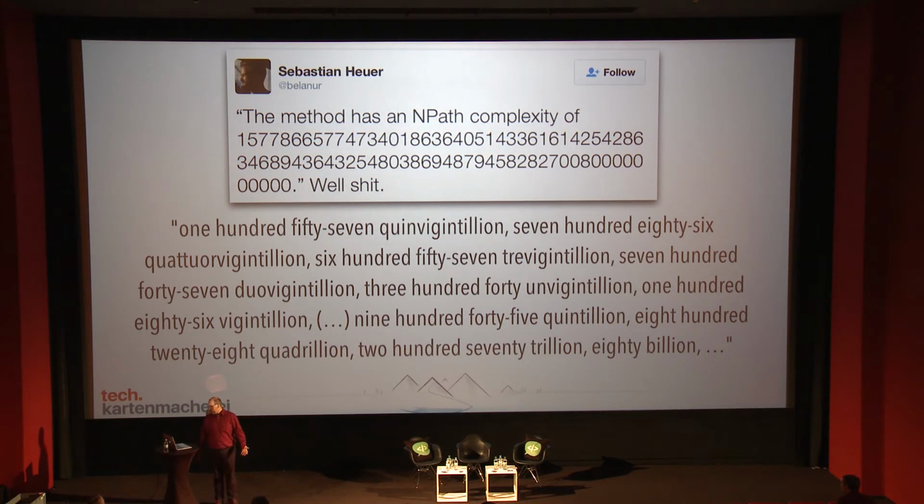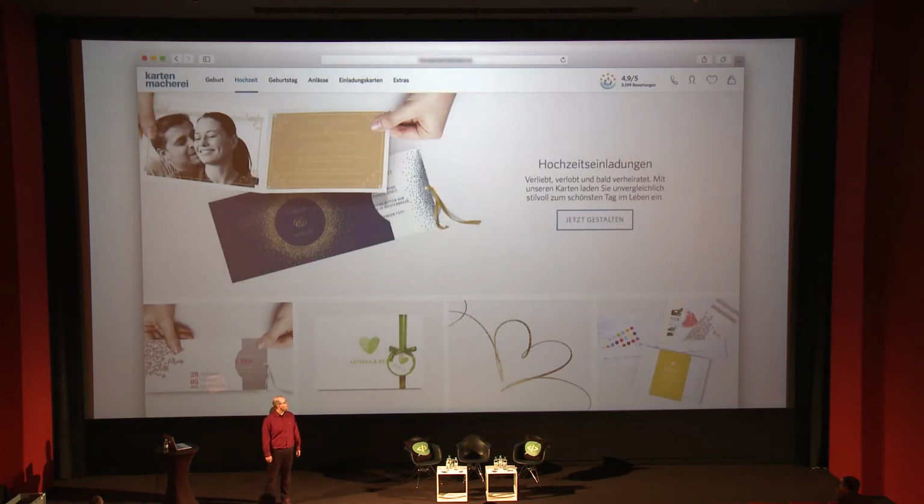Still, our website had a time to first byte of 2.5 seconds for a general product detail page. So we said, okay, come on, we have to change something. We have to get that sorted and get below a certain level. So we talked to our bosses and said, let's do this page.